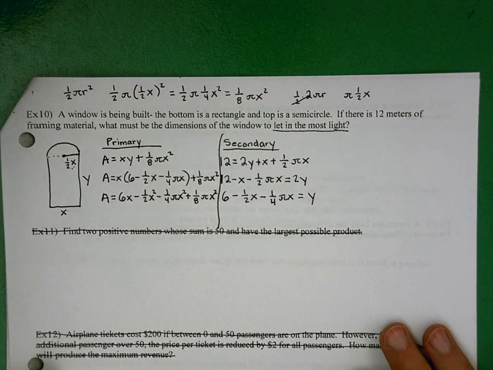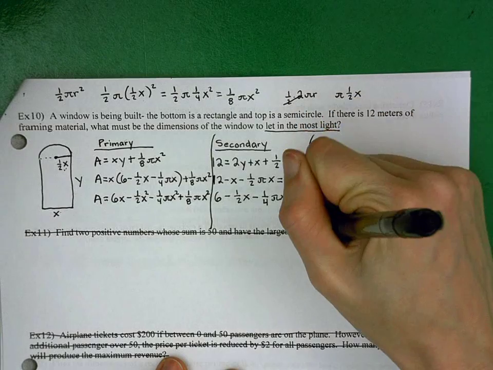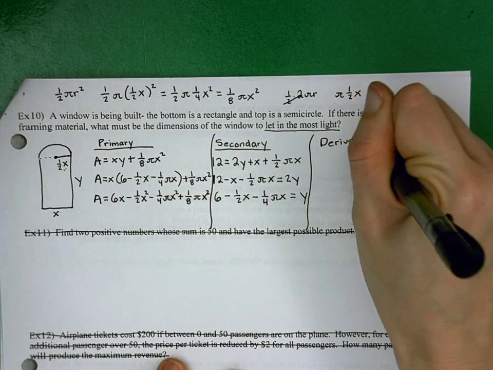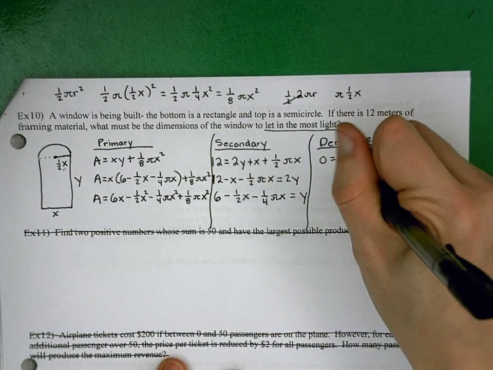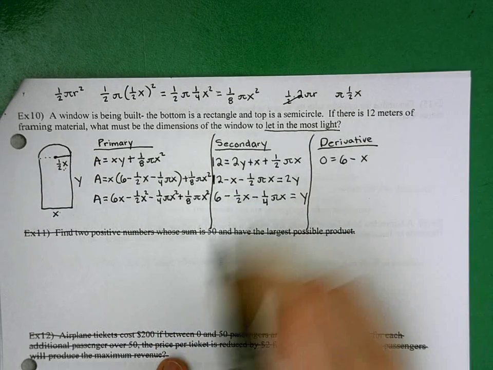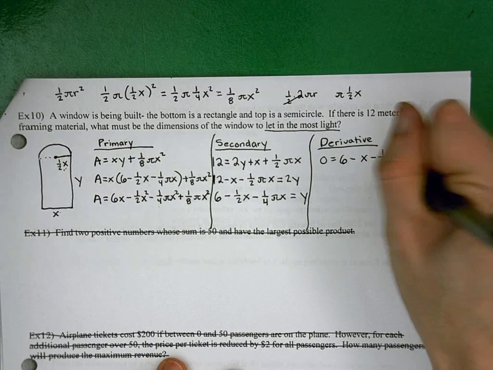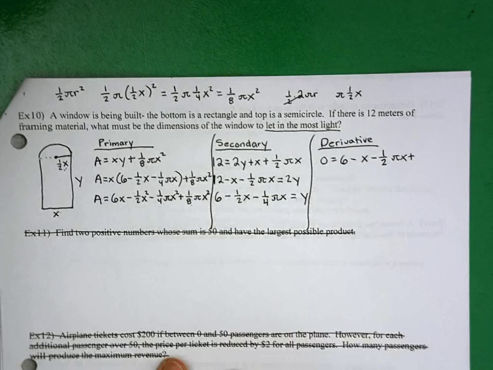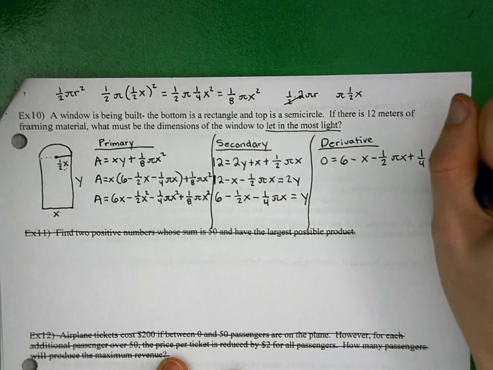So my derivative in this particular case, that I'm going to set equal to 0, is going to be derivative of 6x, 6. Derivative of 1/2 x squared is x. Derivative of 1/4 pi x squared is 1/2 pi x. And derivative of 1/8 pi x squared is 1/4 pi x.